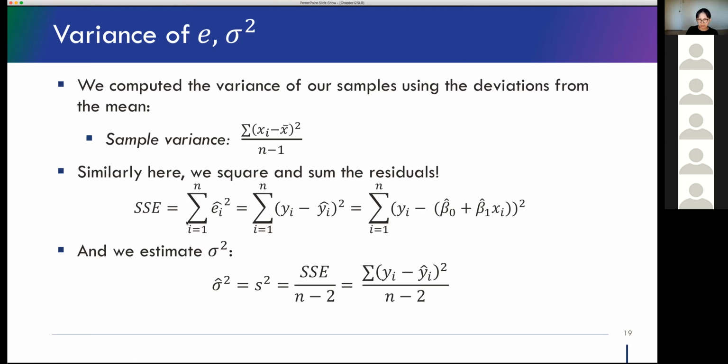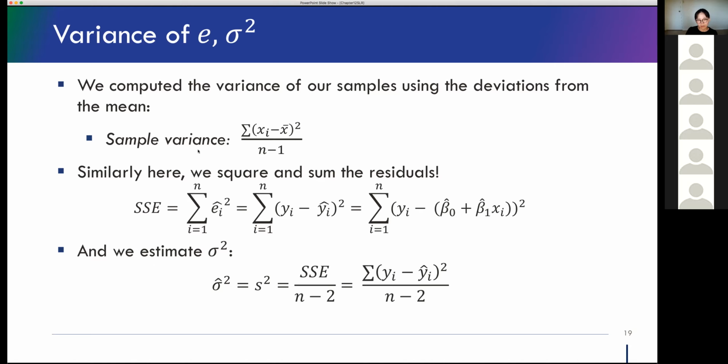This is the sum of squared errors: we square the residuals, sum them up, and divide by n-2 instead of n-1. This is the degrees of freedom for the SSE. It is n-2 because we estimated two parameters here.